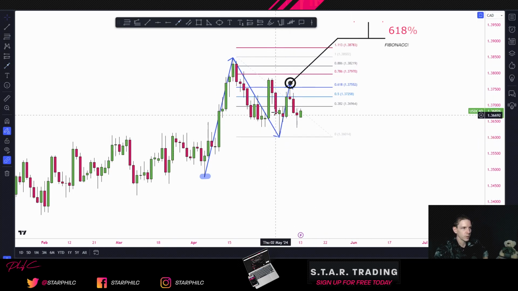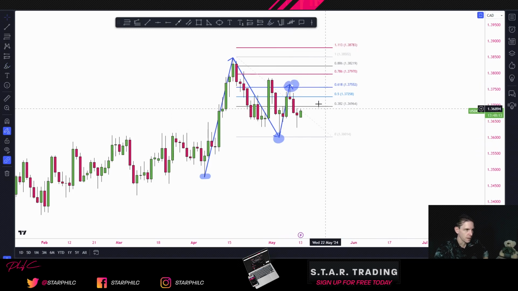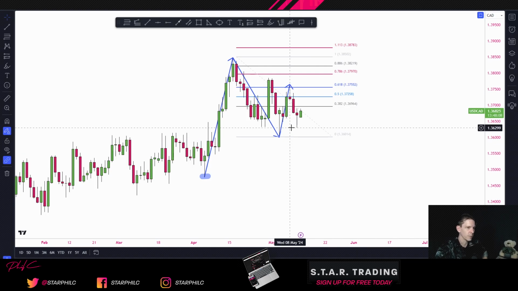So we have a 618 right here, followed by another 618 Fibonacci retracement there. Now, again, that puts us on Gartley pattern alert there. 618 followed by a 618 is the criteria that we are looking for.